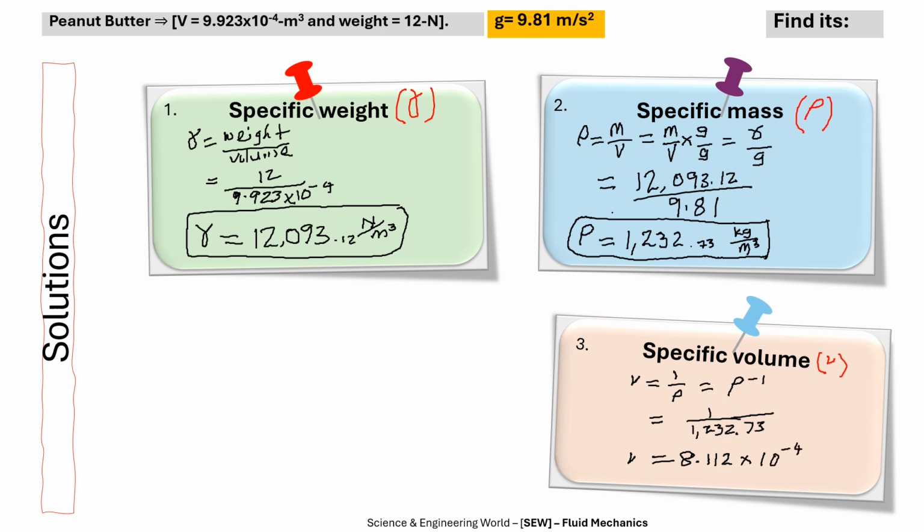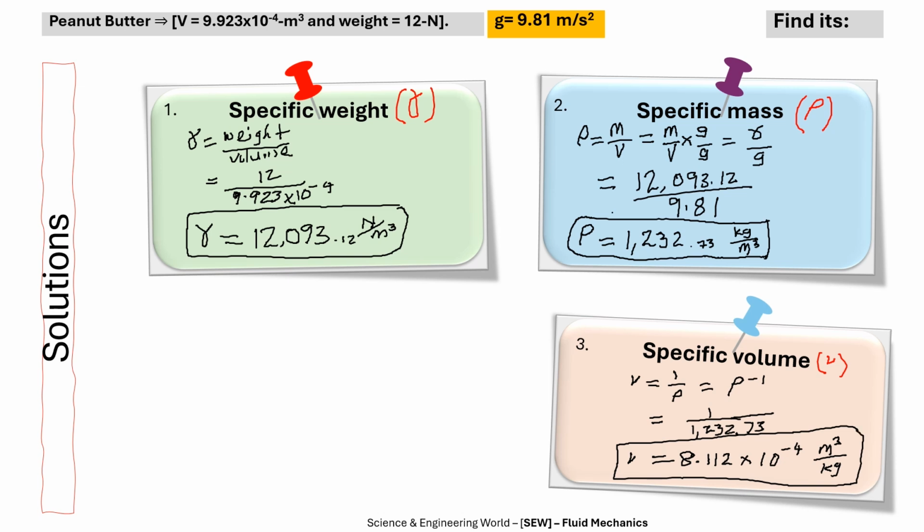And the unit is meter cube per kilogram, because it's the inverse of density. So that's specific volume of peanut butter.